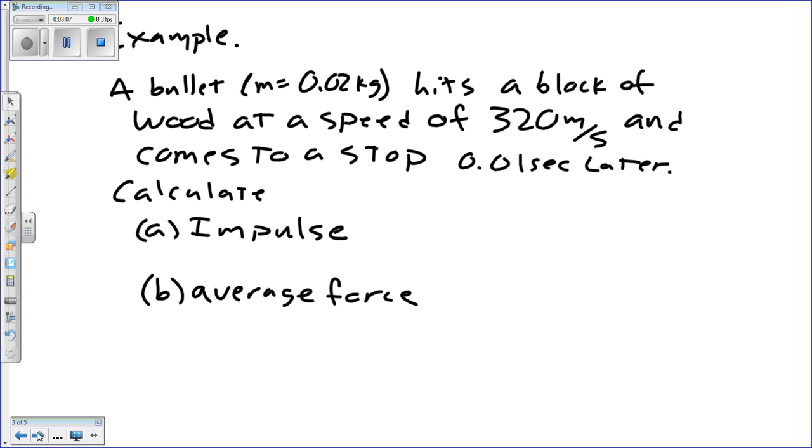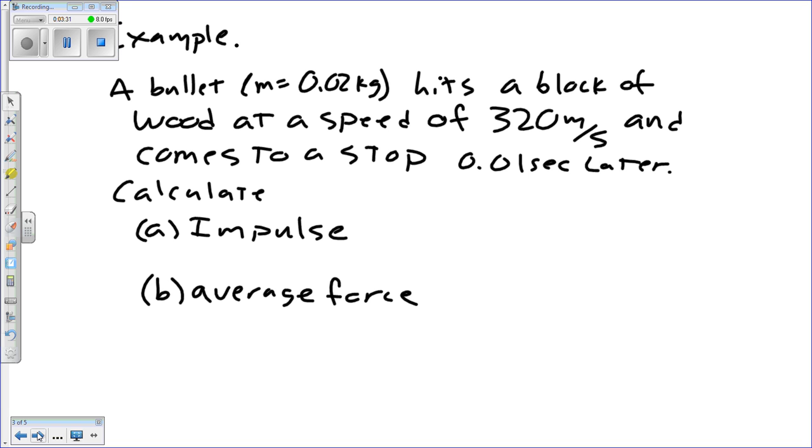All right, let's do an example problem. A bullet with a mass of 0.02 kilograms hits a block of wood. Let's assume that the block of wood is stationary and fixed and isn't going to move on its own. The bullet hits at a speed of 320 meters per second and comes to a stop 0.01 seconds later. Calculate the impulse and the average force applied.